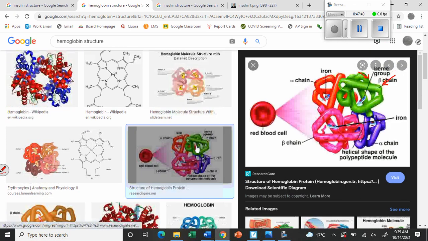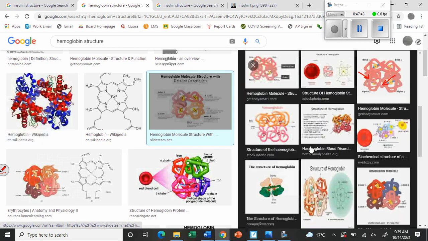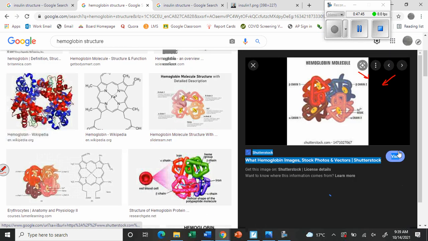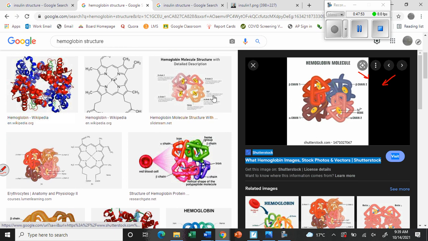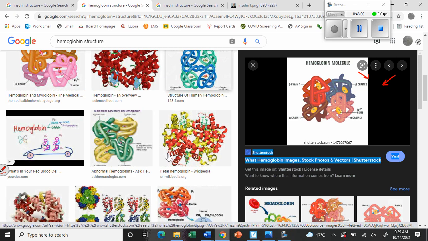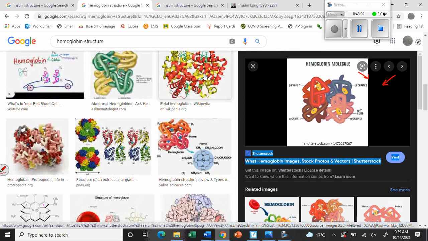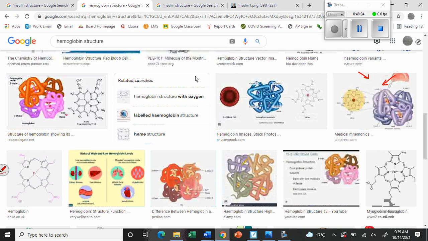Maybe this one. You can see that there are tangled strings. There are 4 different protein strings all tangled together in a knot. And right in the middle of those knots, see, there are iron atoms, which is why we need iron in our blood.